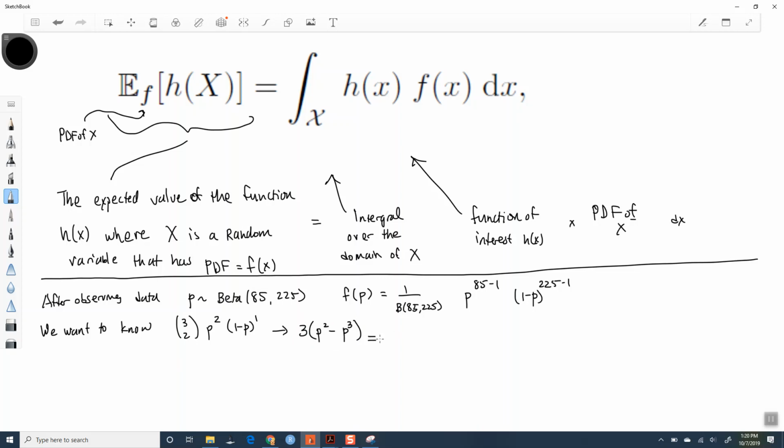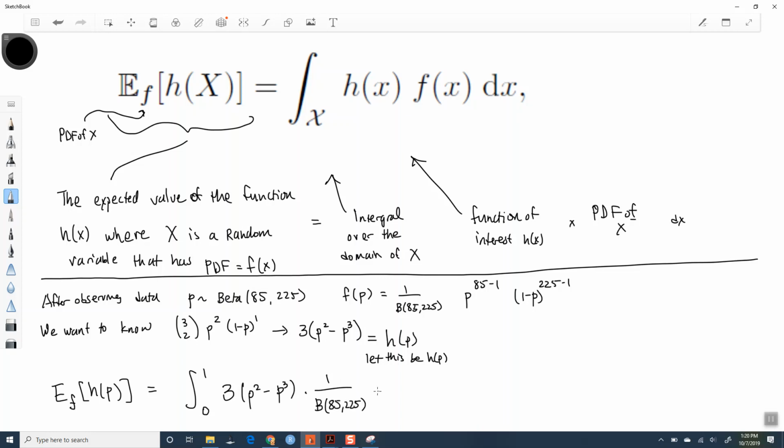So let this be h of p. Then the expected value over f of h of p is equal to the integral, considering all possible values of p from 0 to 1, of 3 times p squared minus p cubed, times the beta distribution, which is 1 over B of 85, 225, times p to the 85 minus 1, times 1 minus p to the 225 minus 1, dp.